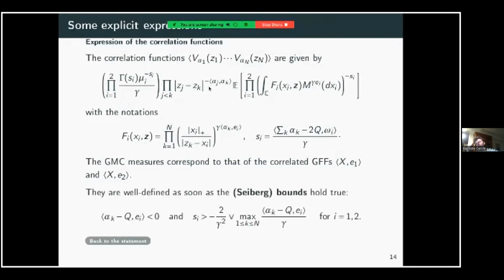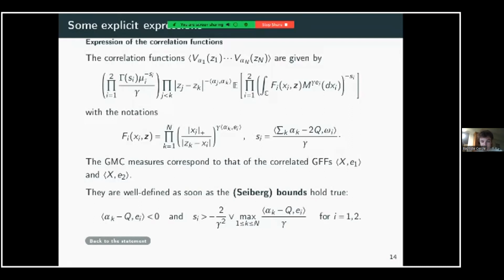And of course, there are assumptions under which this expression makes sense. And the bounds are the following, and they will be crucial in the sequel. So the first one is the fact that the singularities which arise in this phi must be integrable with respect to the GMC.